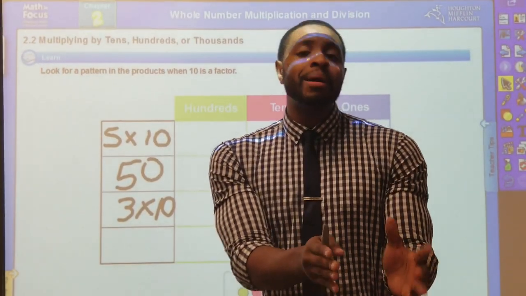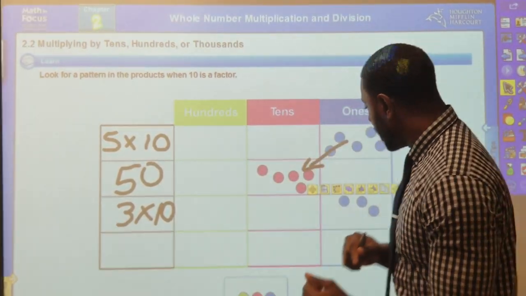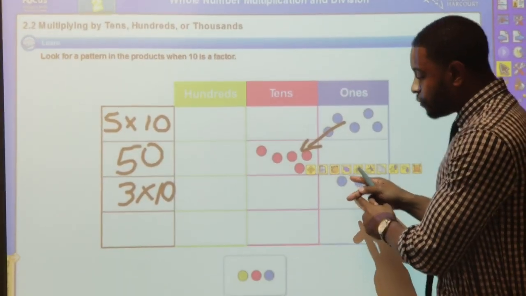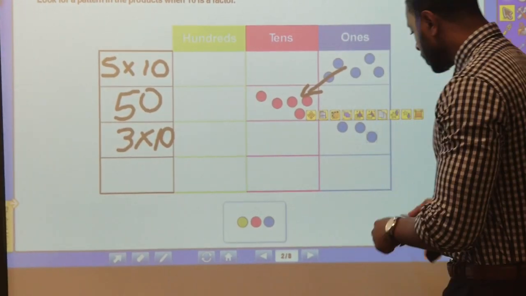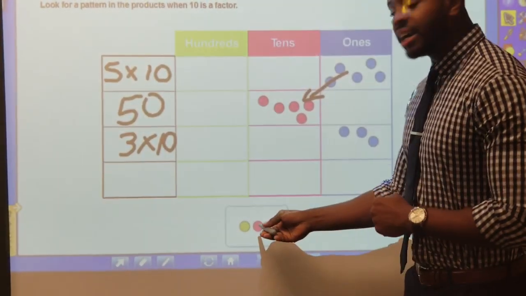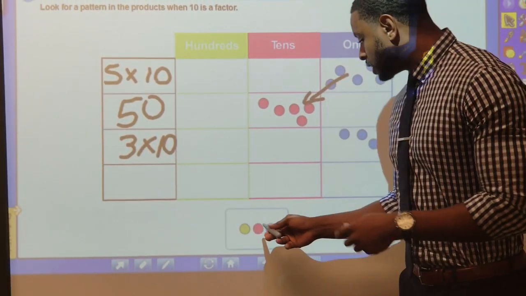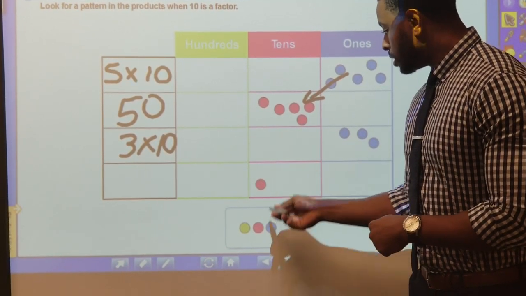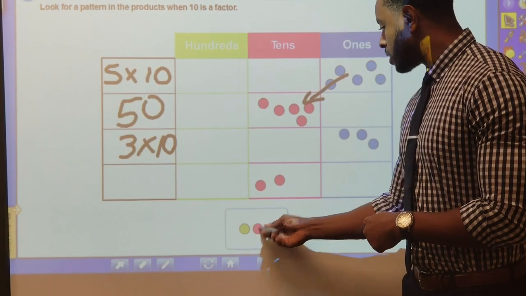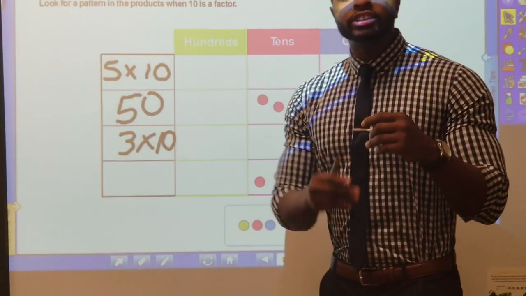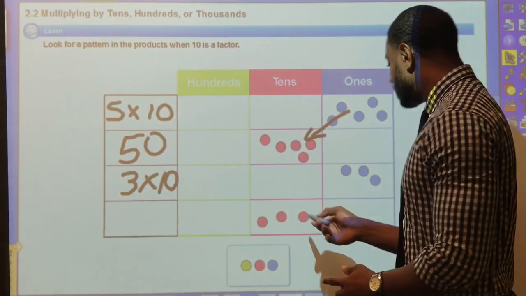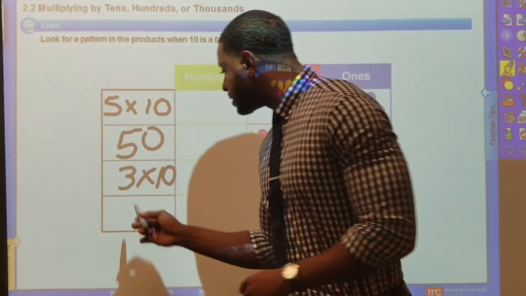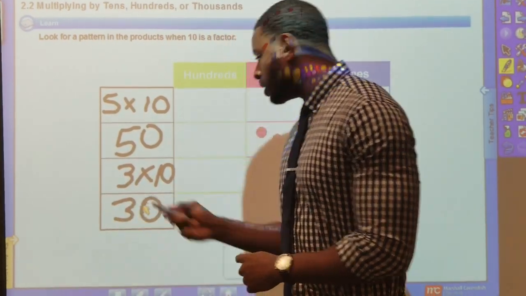To multiply by 10, we have to exchange each set of 1 for a set of 10. So here we go, I'm going to exchange it. And because there are 10s, we have to put it in the tens place. 1 set of 10, 2 sets of 10, and 3 sets of 10. And of course, you guys know the answer, 10, 20, 30. So we know that 3 times 10 is indeed 30.